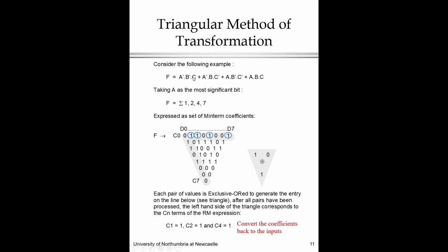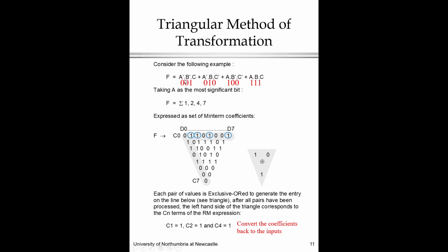For this first term, A is 0, B is 0, C is 1, so this binary gives you 0, 0, 1. For the second term, A is 0, B is 1, C is 0, so 0, 1, 0. And this is 1, 0, 0, and this is 1, 1, 1.